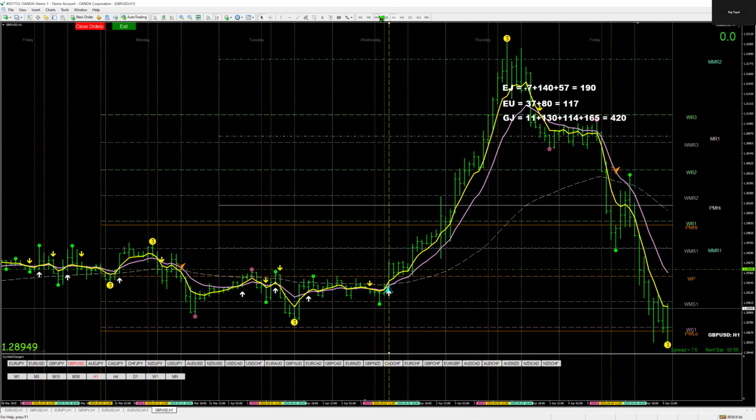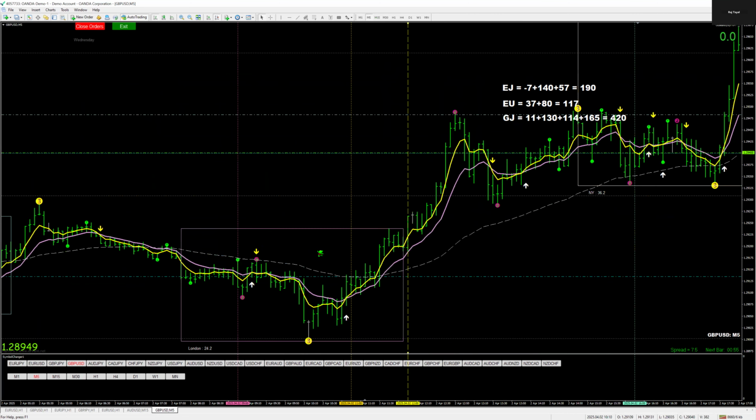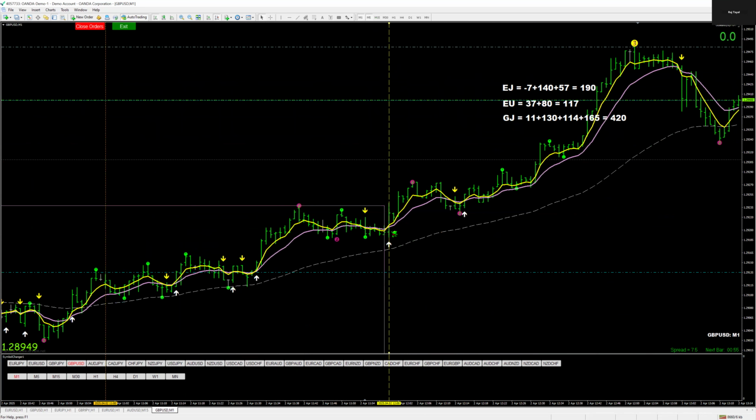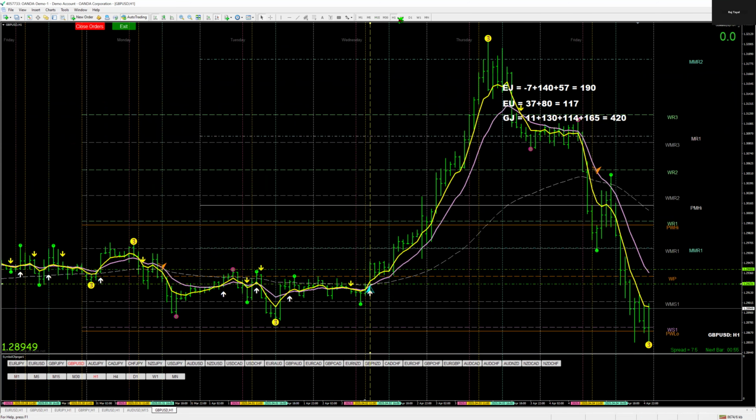Let's see what's going on in the 15. 15 is similar in the sense that the cross goes by. 5, there's nothing. And 1 is right there. So that's the best entry we have.